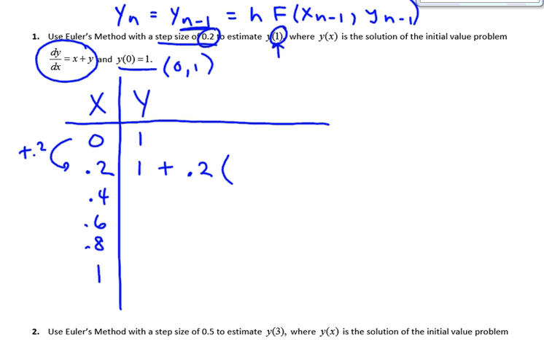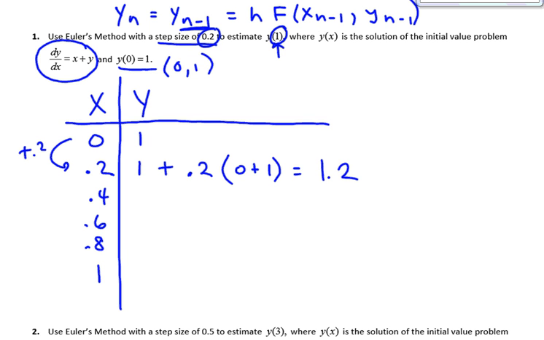So our derivative is x plus y, so all I'm going to do is simply add my previous x and y, 0 plus 1. Okay? So we'll go through that each step here. Hopefully by the end you'll feel pretty confident. A lot of times I do end up using a calculator for Euler's method. This one's pretty straightforward, though. You can do this one without a calculator for a little bit at least. So that's going to be 1.2.